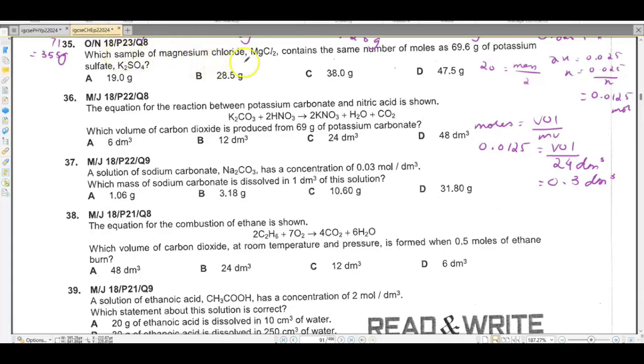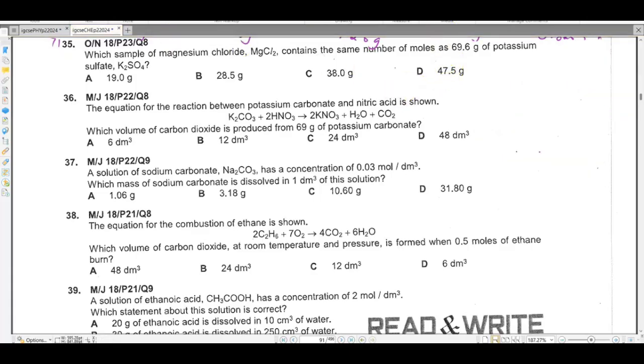Which sample of magnesium chloride contains the same number of moles as 69 grams of potassium sulfate? Okay, we need to clear the space. We've been given the weight of potassium sulfate, so we are going to find the moles of potassium sulfate from that.